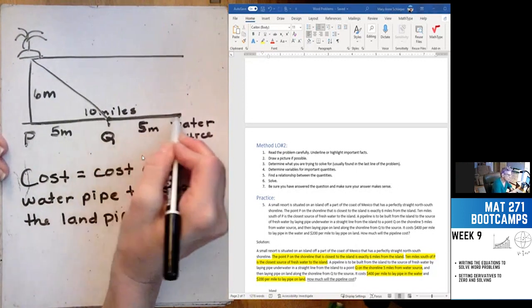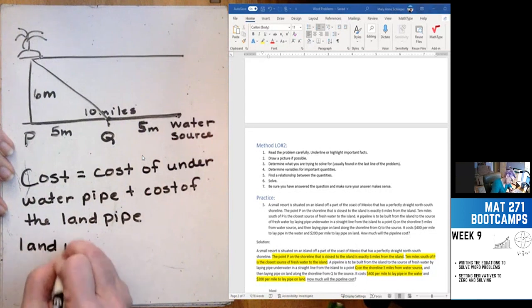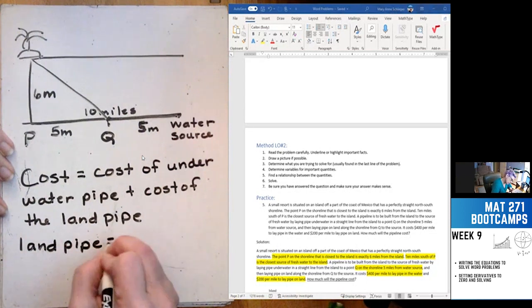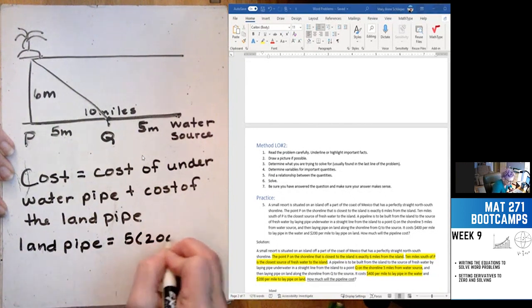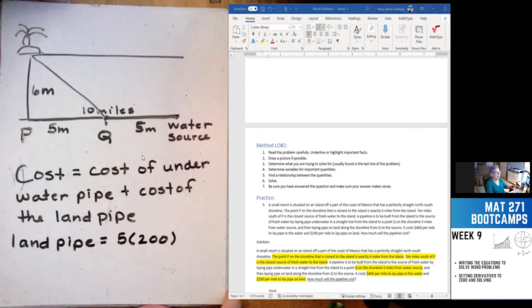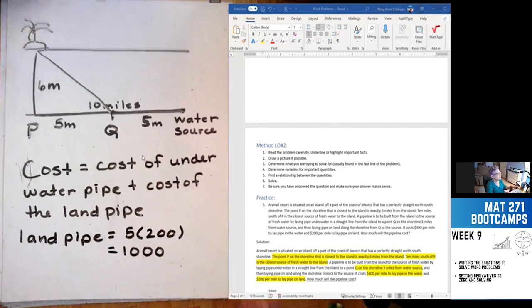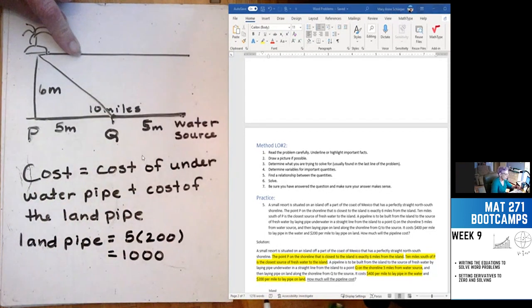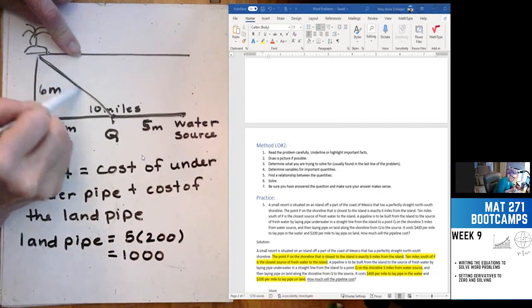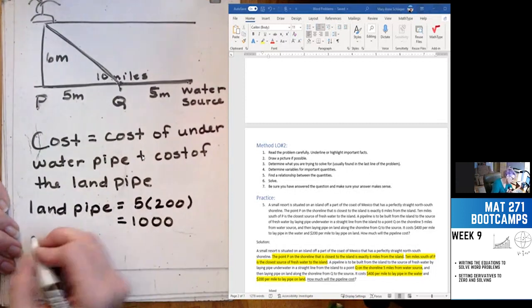So this cost is easy. The land pipe is just equal to 5 miles times the cost under land, and it is $200 to lay pipe on the land, so $1,000. Now we need to know the length of the island to Q in order to calculate the cost of the water pipe, the underwater pipe.